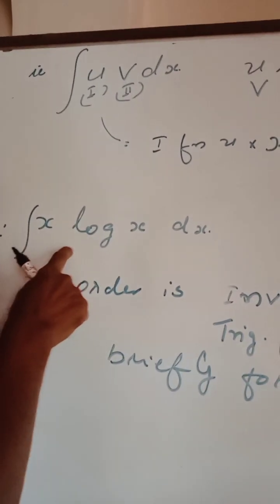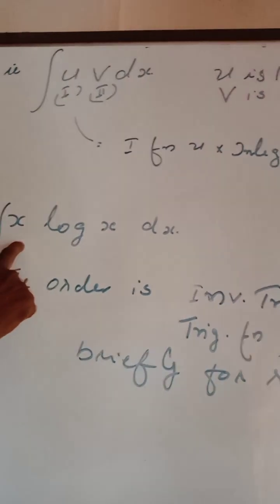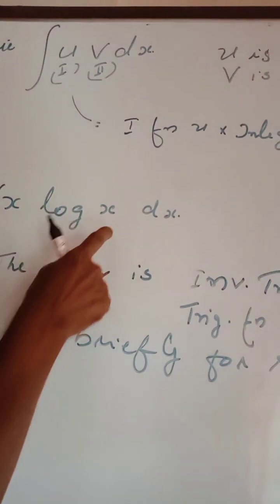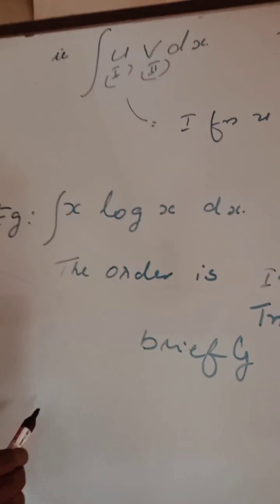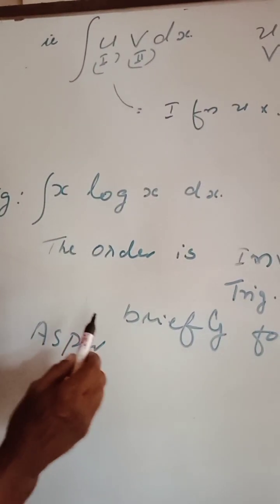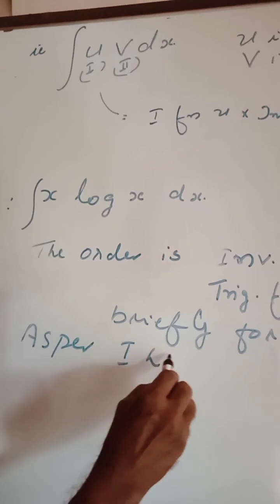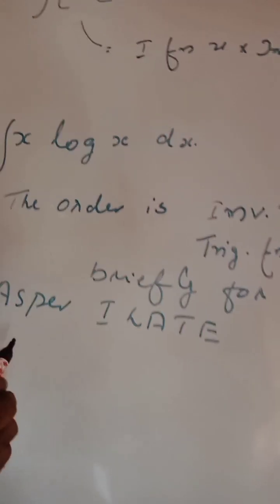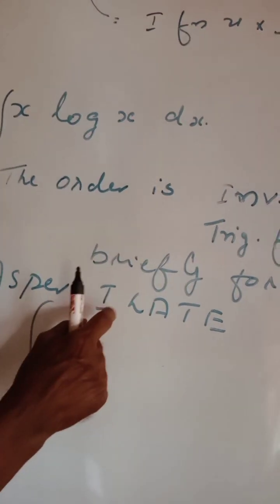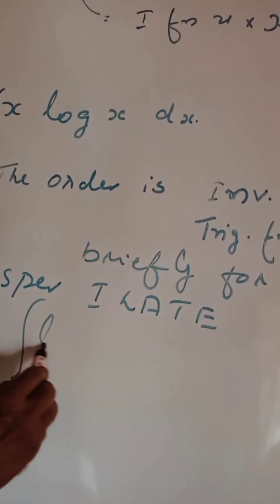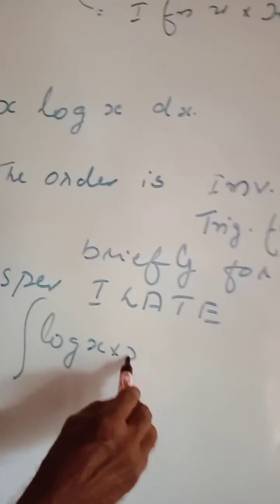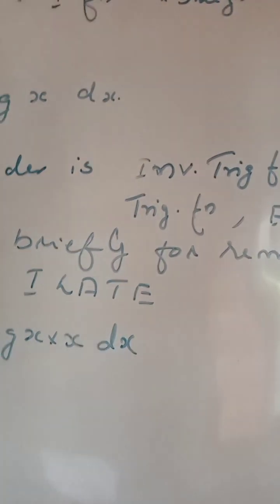In this question, integration of x log x, the order given is first x algebraic function and second log x logarithmic. As per ILATE, we write this as first logarithmic function log x and second algebraic function x, log x into x dx.